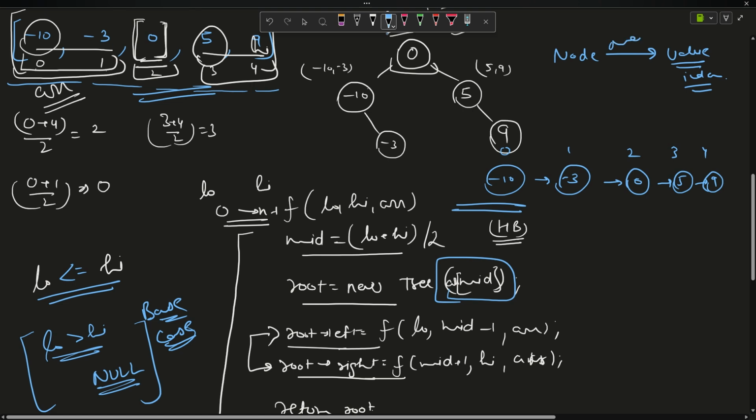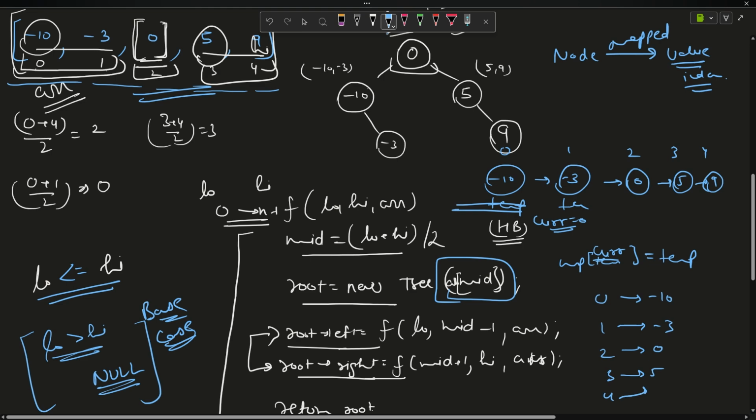My clear suggestion to you is to use a map. At the start of the problem, you keep a temp here and you keep a cur equals to 0, keep traversing and do something like this: MP of cur equals temp, that is for this index, my list node is temp, and then move temp forward. So 0 will map to -10, 1 will map to -3, 2 will map to 0, 3 will map to 5, and 4 will map to 9.